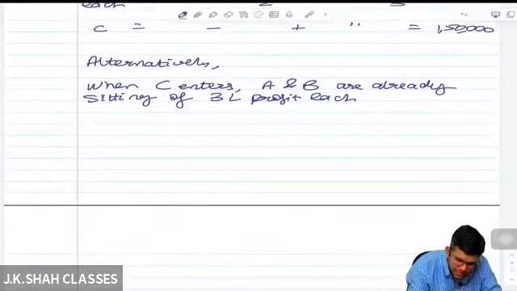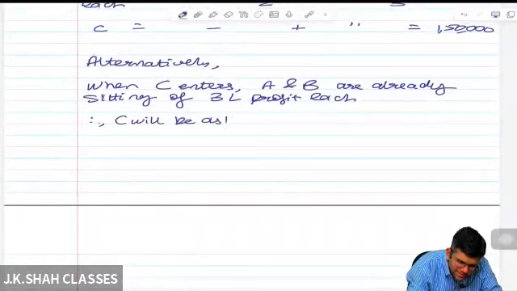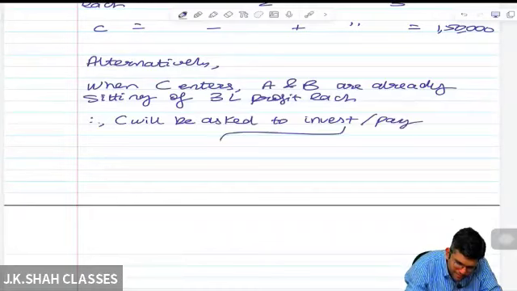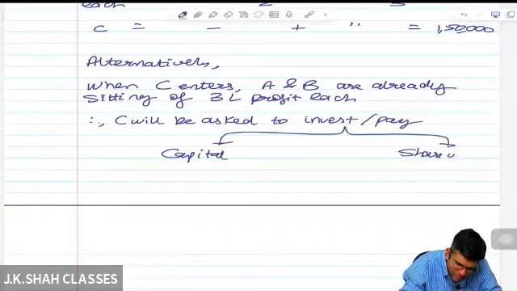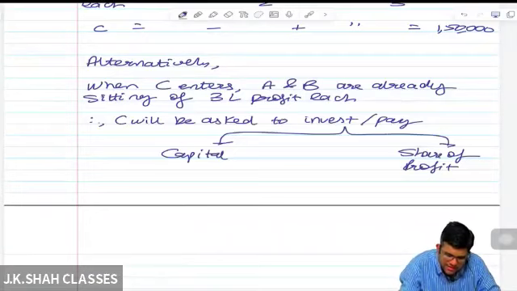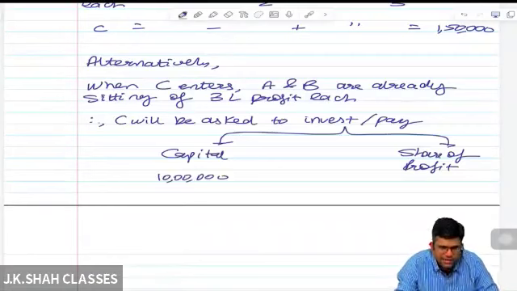So therefore, C will be asked to pay capital and a share of profit. Now listen, let's say C is asked to pay 10 lakh capital. Can I say he has to pay this for getting the partnership? Now something new.